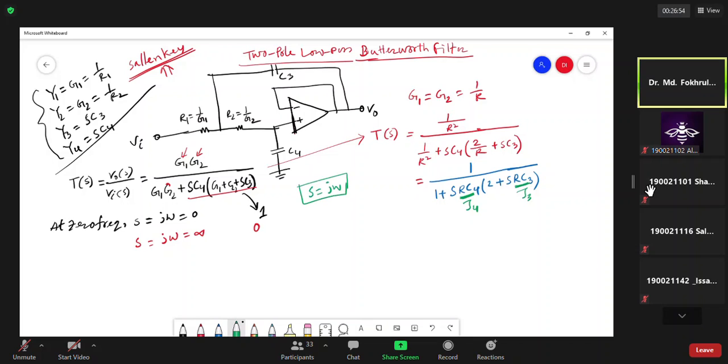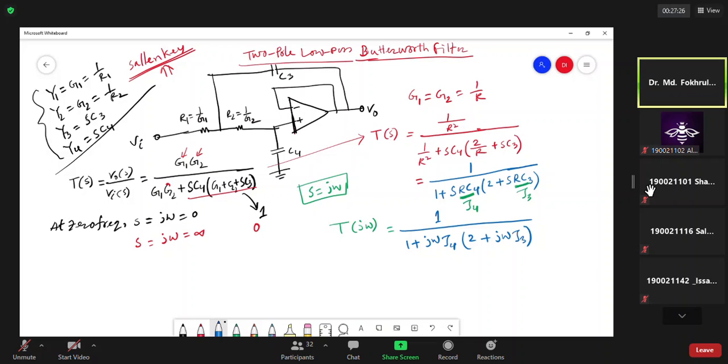Then we will have the transfer function T(j omega) equal to 1 over (1 plus j omega tau 4) into (2 plus j omega tau 3).